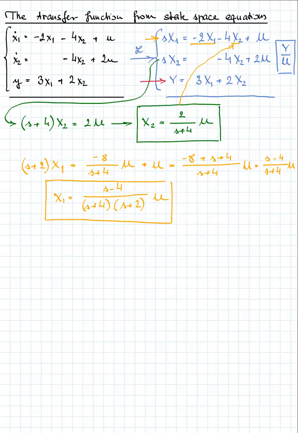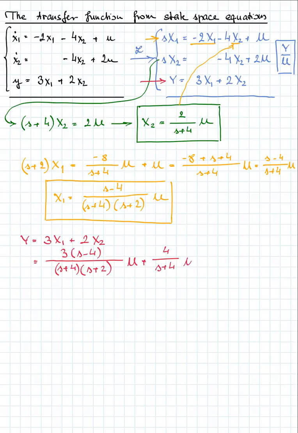So Y is equal to 3X1 plus 2X2. 3X1 will be (s plus 4)(s plus 2) in the denominator, and I have to multiply the numerator by 3, so it's 3(s minus 4)U. Plus 2X2, this will be 4 over (s plus 4) U. So this is the equation for the output.